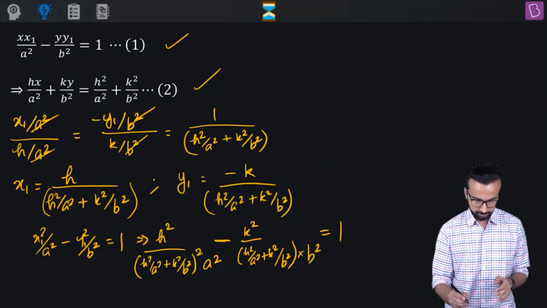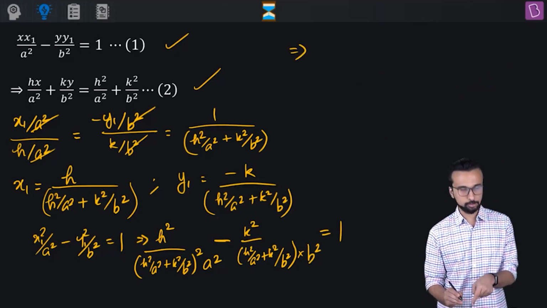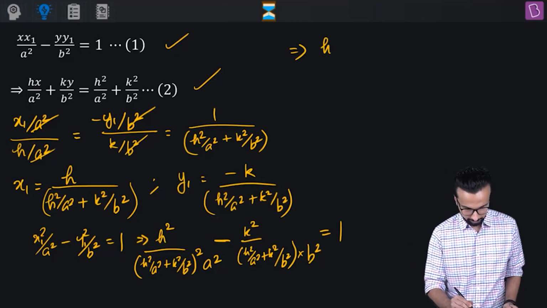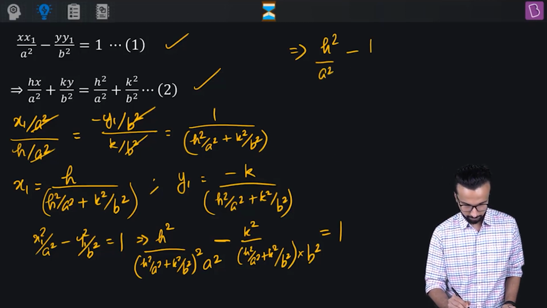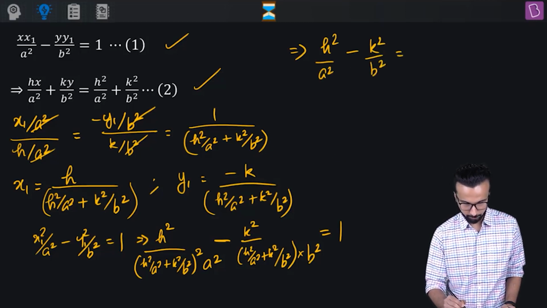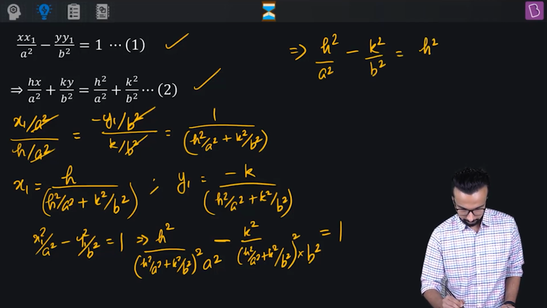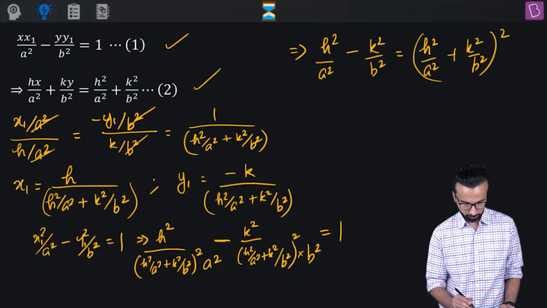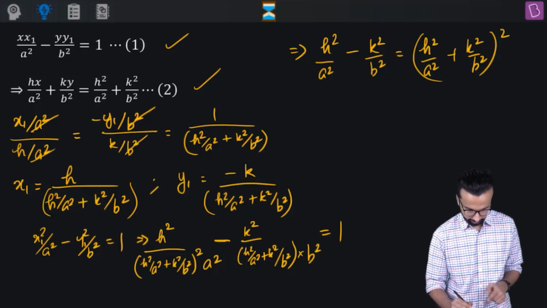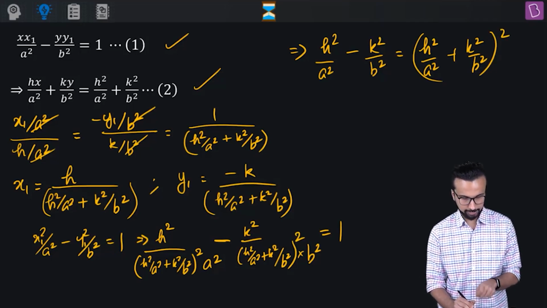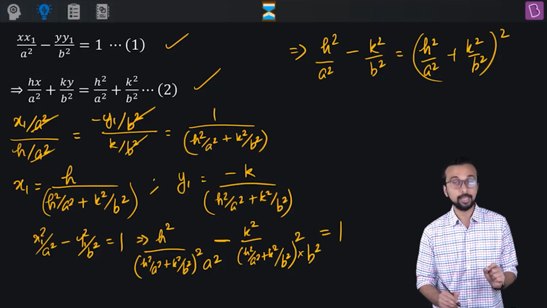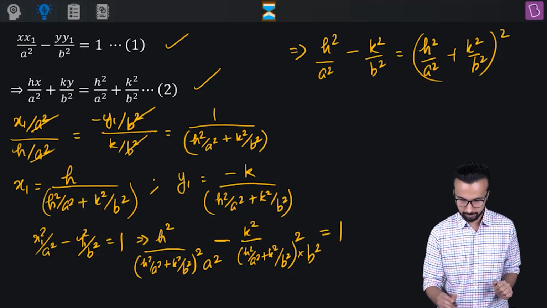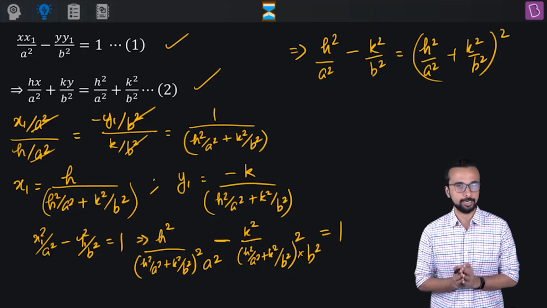Let's proceed from here. You see this common denominator, I'll bump that up to the numerator of the RHS. So this becomes h square by a square minus k square by b square equal to h square by a square plus k square by b square, the whole square. Here I didn't mark this out: k square by h square by a square plus k square by b square raised to 2, which will be multiplied by b square in the denominator, so that is what I take common to the RHS.